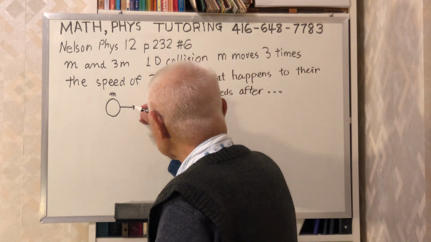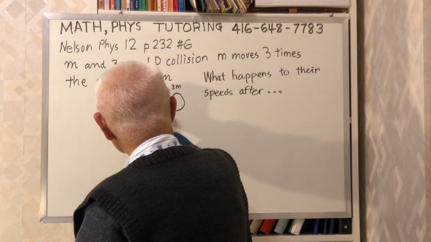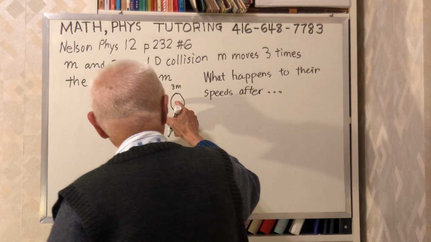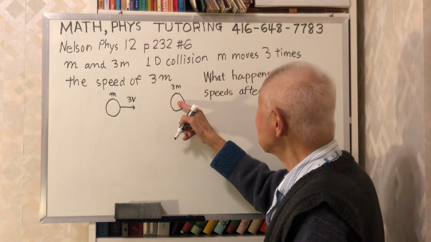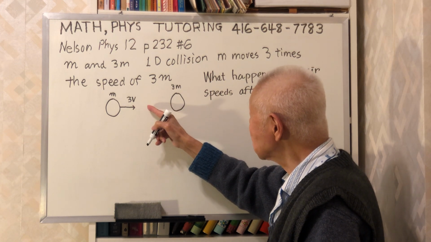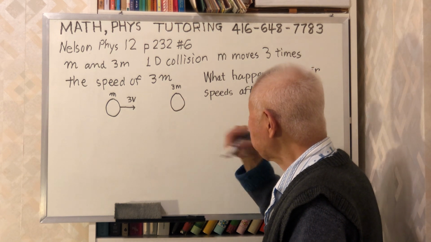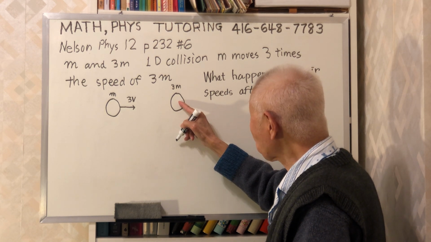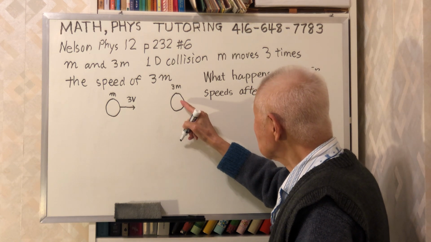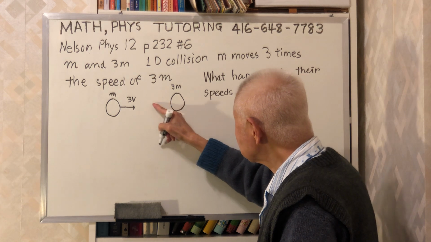Okay, let's say this is 3v, and this moves with v, because the question says m moves 3 times the speed of this one. But the question doesn't say whether this 3m moves this way or that way.